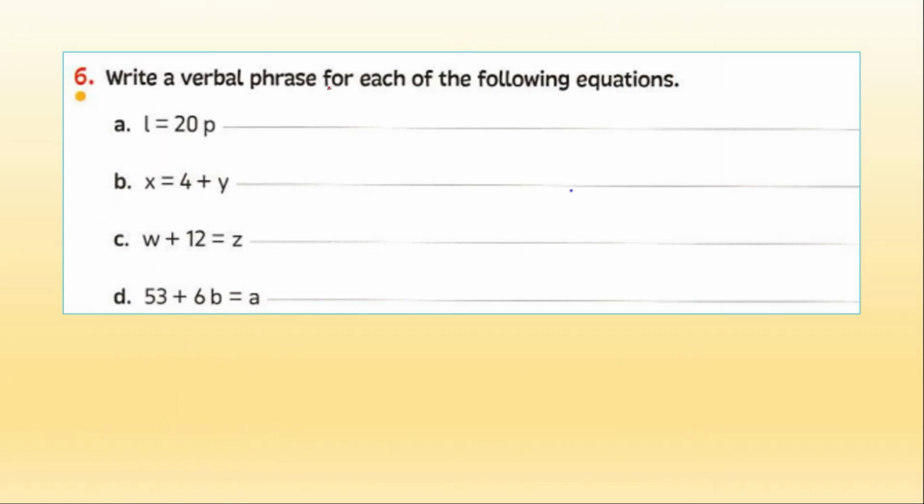Write a verbal phrase for each of the following equation. Okay. المرة دي بقى هنكتب ال verbal form أو written. Okay. The first one L equals 20P or 20 times P. صح كده؟ يبقى ممكن نمشي step by step عادي جدا. هي a number L or L a number L equals what?